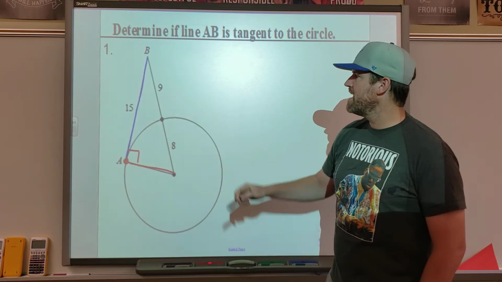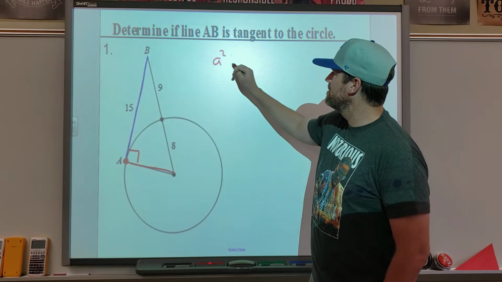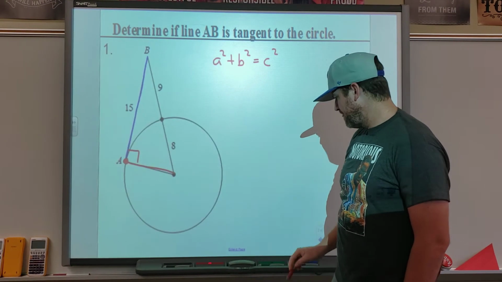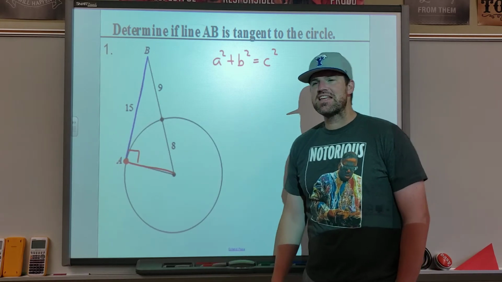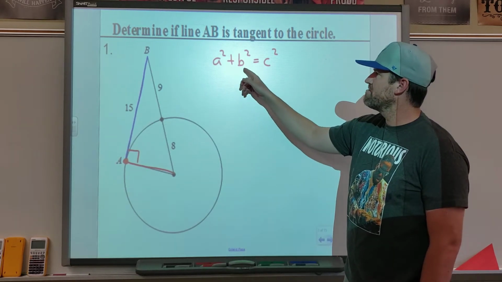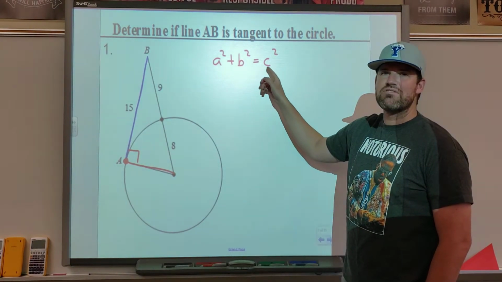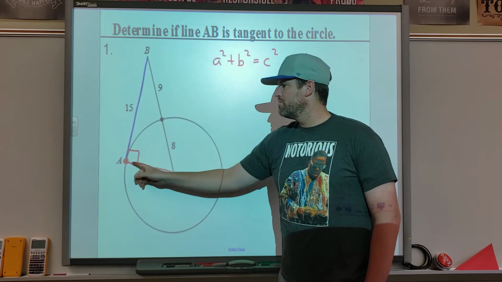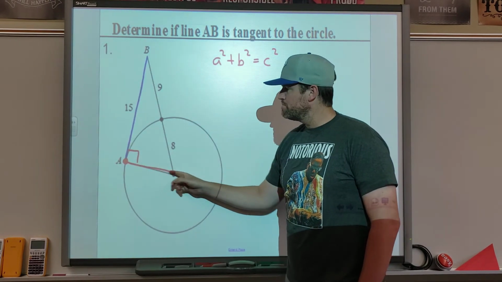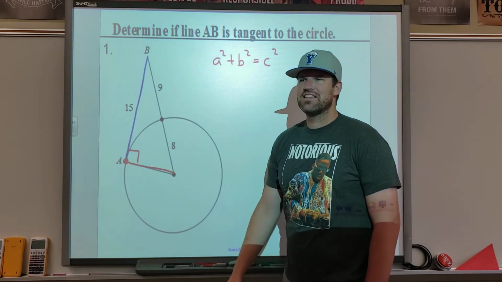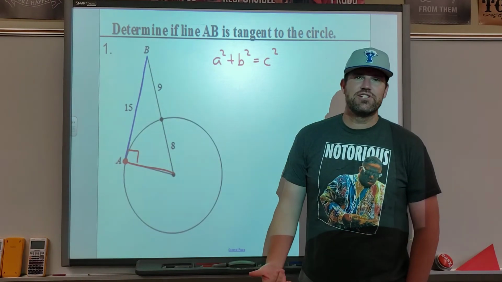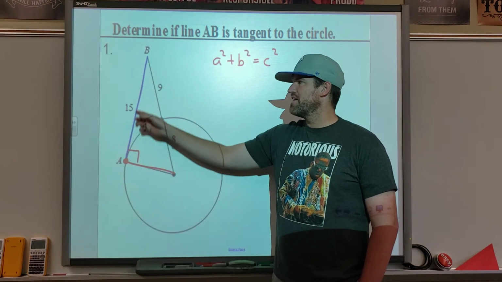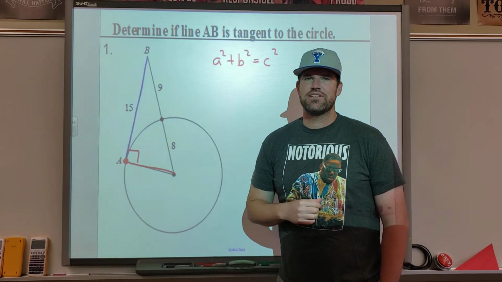Well, if it's a right angle, we know that a squared plus b squared will equal c squared. So I'm going to test to see if my a squared plus b squared does in fact equal c squared. If it does, I know it's a right triangle, which means that is a right angle, which means we do have a tangent line. If they do not equal each other, however, that means that this is not a 90-degree angle, so this line right here is not actually a tangent.